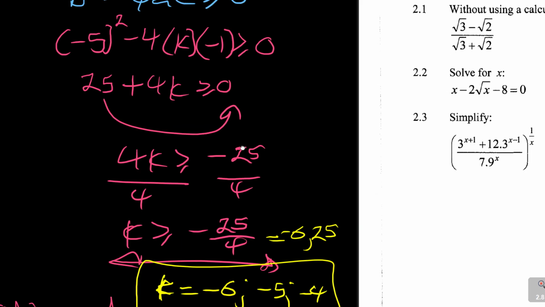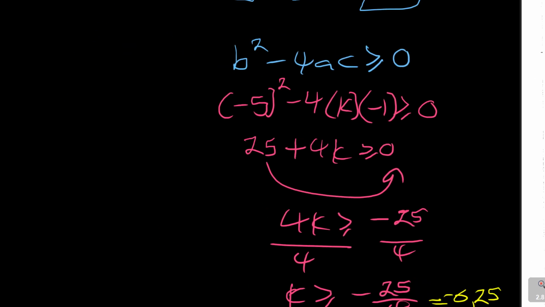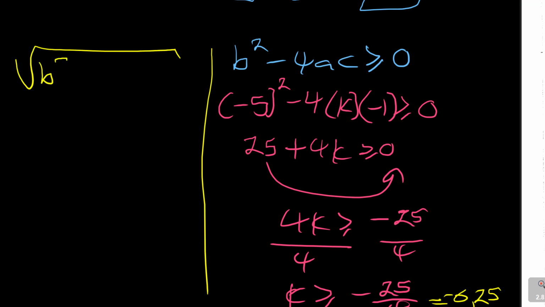Remember, what you need is the square root of b squared minus 4ac to be rational. So it must be a perfect square.